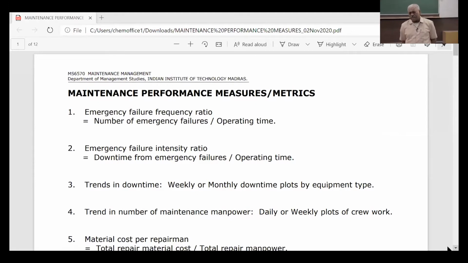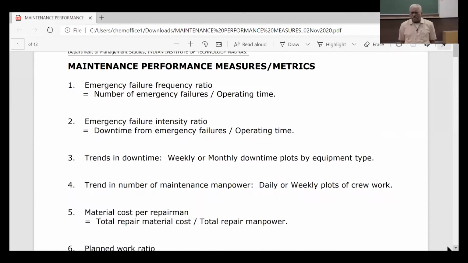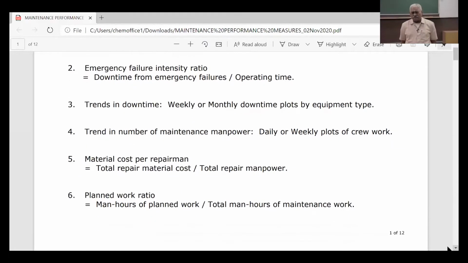This can be classified even according to the nature of the crew: electrical, lubrication and oiling, alignment crew, mechanical, civil, plumbing, and so on. And the fifth one is material cost per repair person. I said repair person because it's quite likely that we will have women coming into the maintenance workforce. I'm sure it is already there in a few plants, not widespread, but it could become more common as the years roll by.